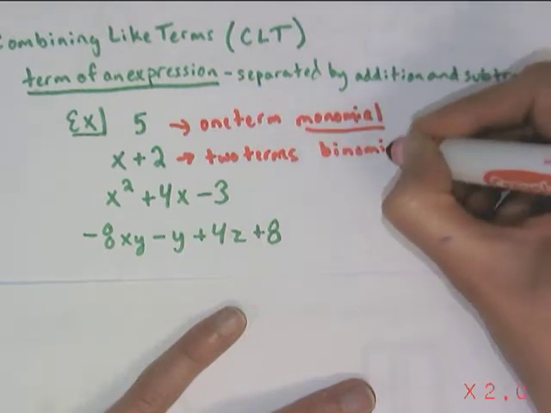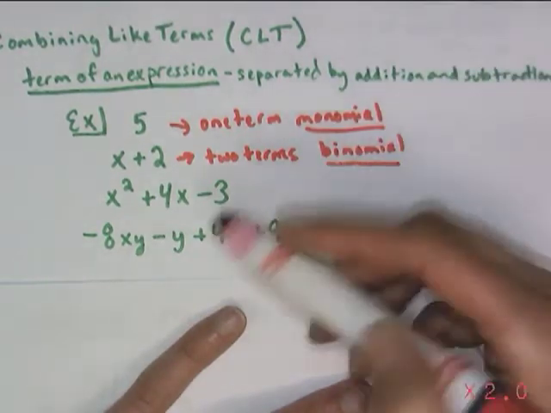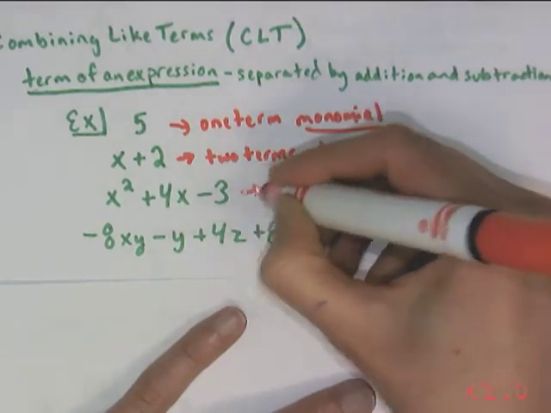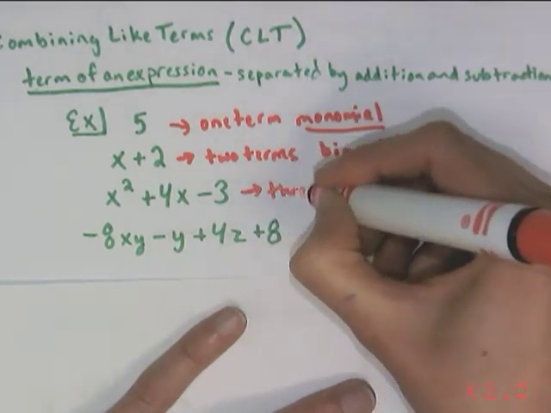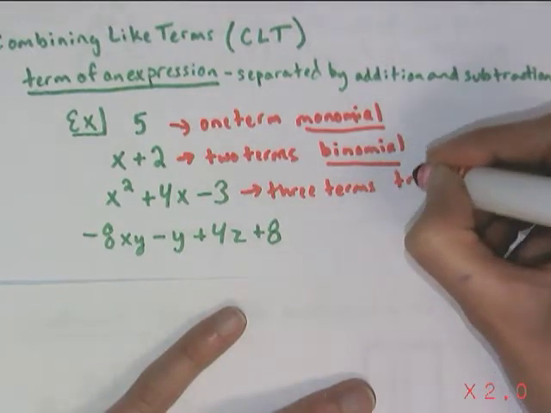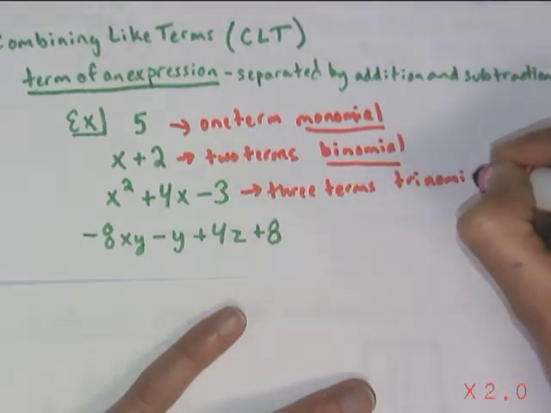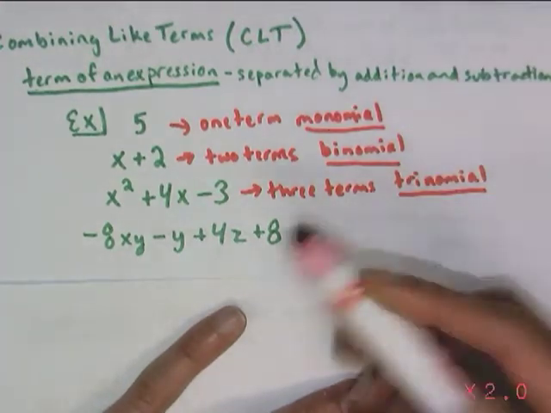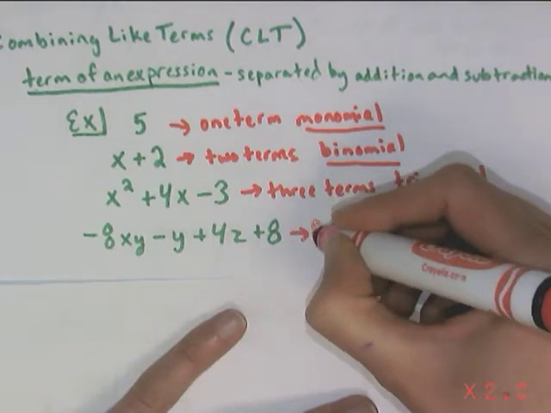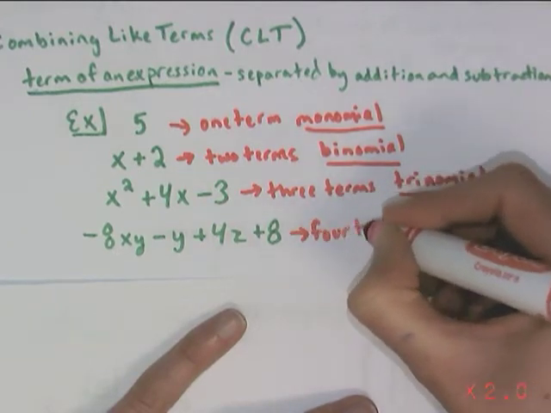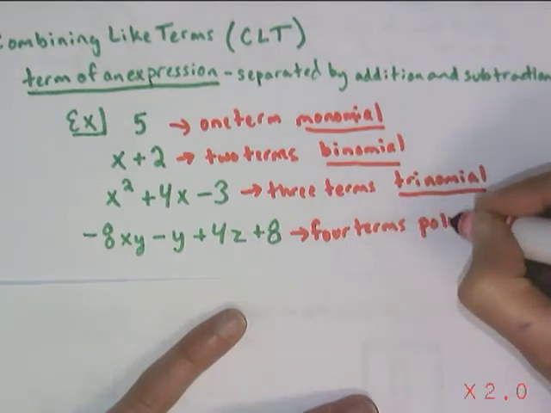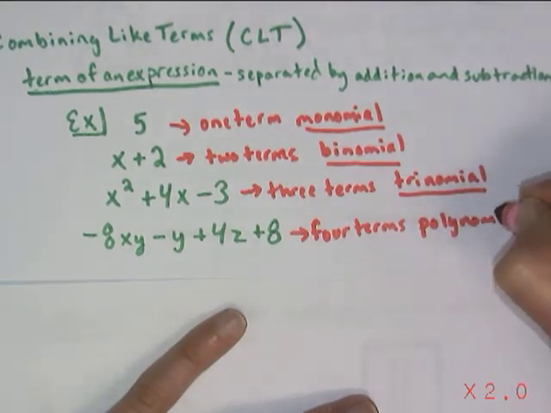And I'm sure you can guess what we are going to call that which has 3 terms. And if you said trinomial, you would be correct. After the trinomial, if you look at this guy, he's got 4 terms. So if they have 4 terms or more than 4 terms, the generic phrase for that will be a polynomial.